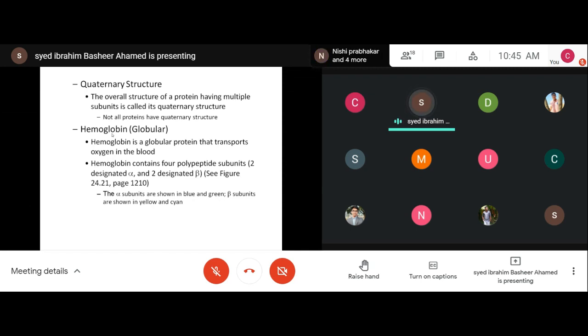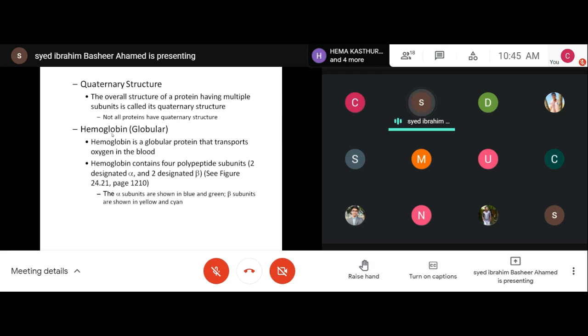Myoglobin and hemoglobin are structurally the same, and the function is also the same. There is a lot of sequence difference between hemoglobin and myoglobin, but hemoglobin will function only when you have all the four polypeptide chains together.